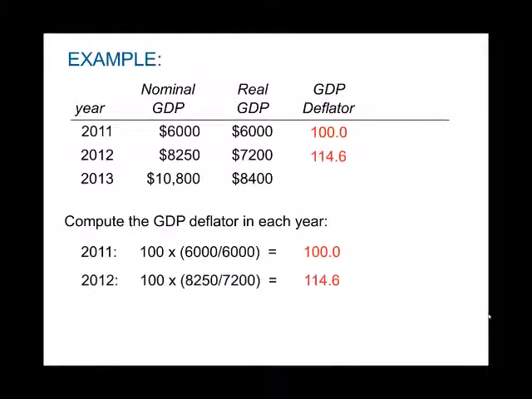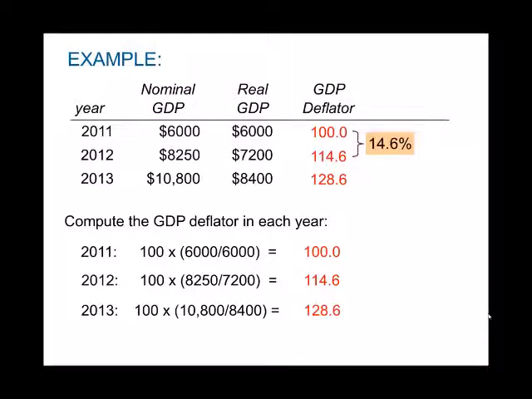For 2012, it is 8,250 divided by 7,200, times 100, which comes out to be 114.6. For 2013, it is 10,800 divided by 8,400 times 100. Now, if I want to calculate the inflation rate, I just calculate the percentage change of the GDP deflator from one year to the next.